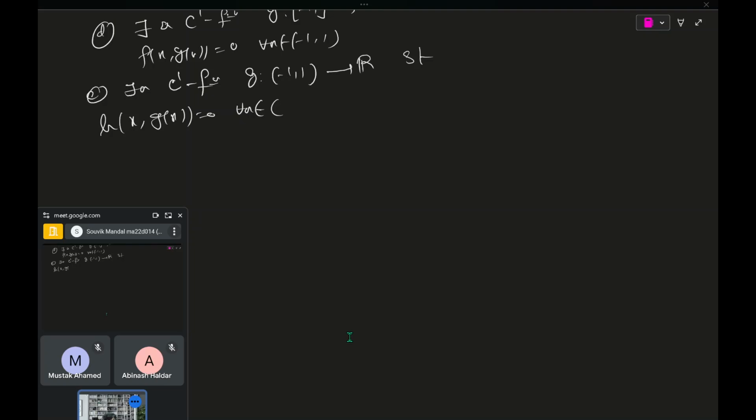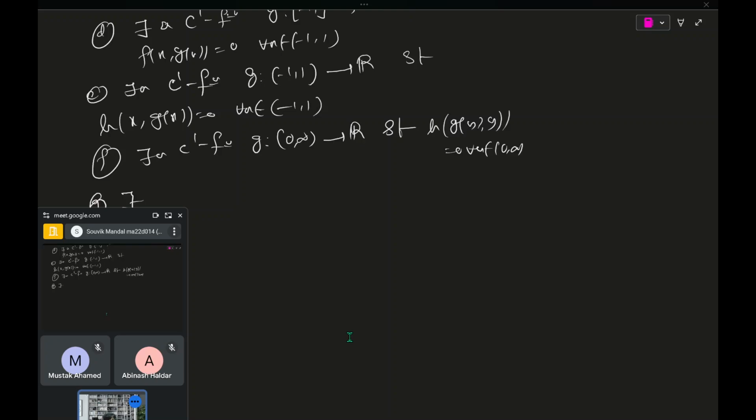E: there exists a C1 function g from 0 to infinity to R such that h of (g(y), y) equals 0 for all y belonging to 0 to infinity. F: there exists a C1 function g from minus infinity to 0 to R such that h of (g(y), y) equals 0 for all y belonging to minus infinity comma 0.